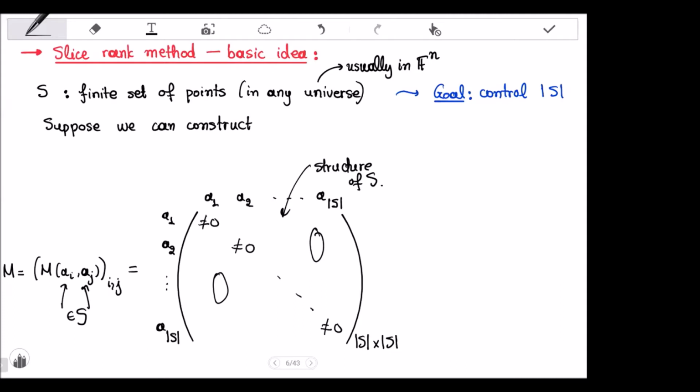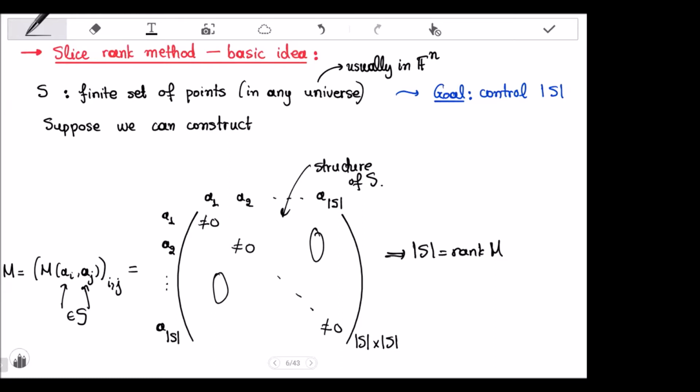Okay. So let's say that we managed to use the structure of S to get an interesting matrix. So the fact that these non-zero elements exist along the diagonal follows from the structure. So this matrix encapsulates the structure. So this means that the size of S happens to be the rank of this matrix. Okay.